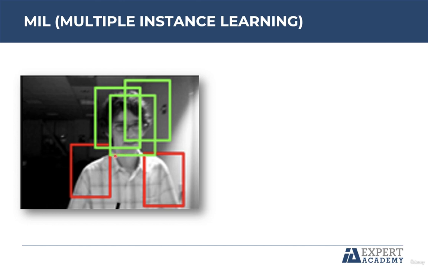On the other hand, negative examples, these red rectangles here, are also created far from the positive examples. In short, rather than just considering the object's current location as a single positive example, the algorithm looks for positions around the current location to generate several potential positive examples.